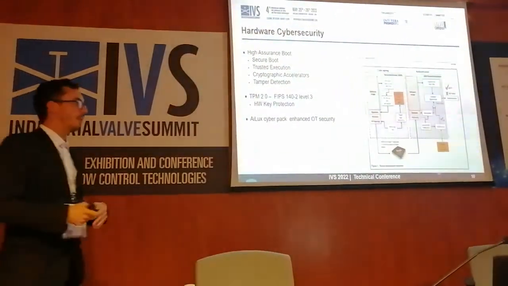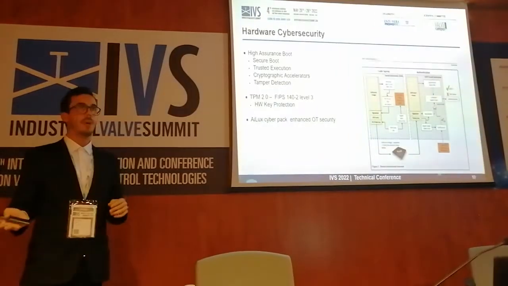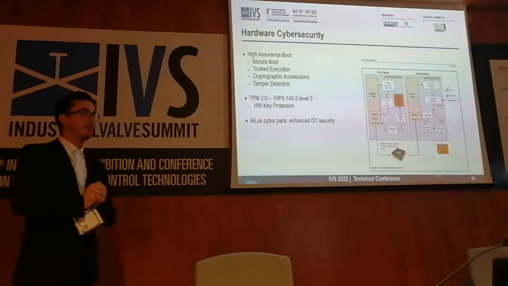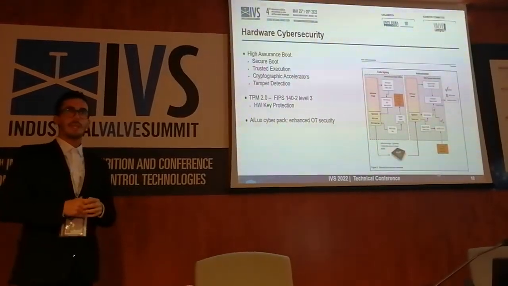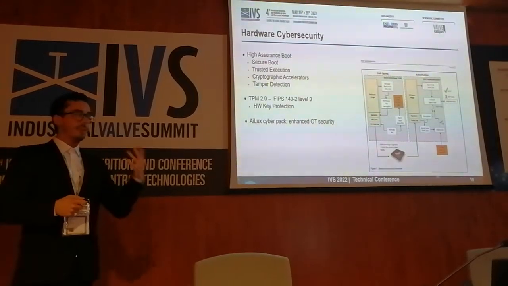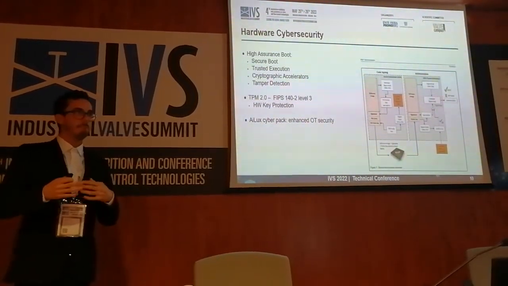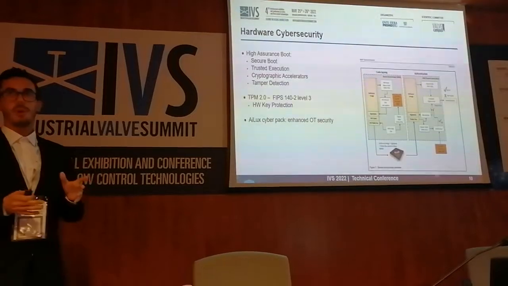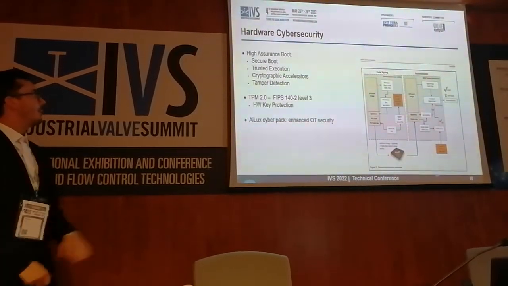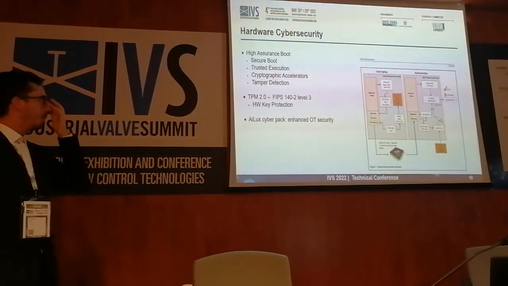It's not possible to execute another operating system, like a rogue operating system, or an application service that is not the original one. So that's the reason why we decided to use the secure boot.